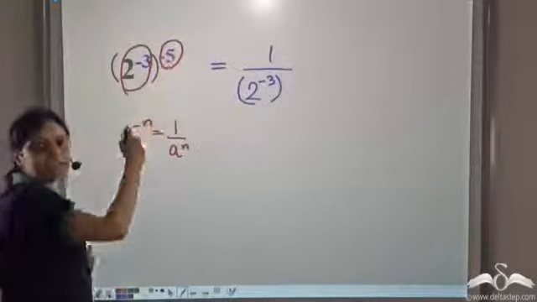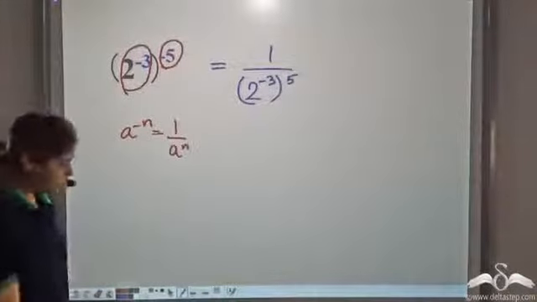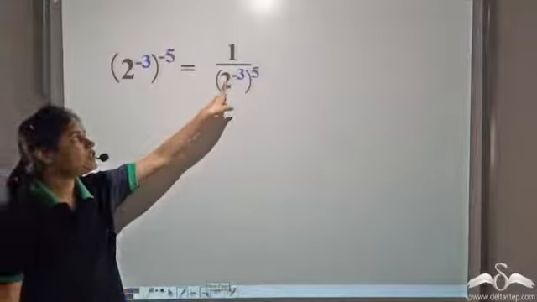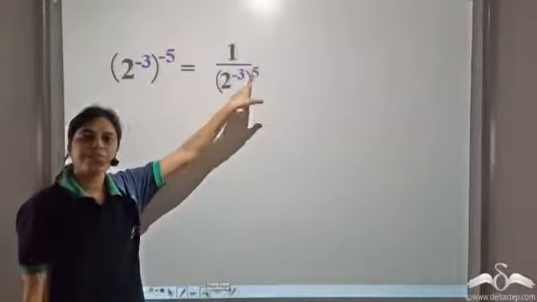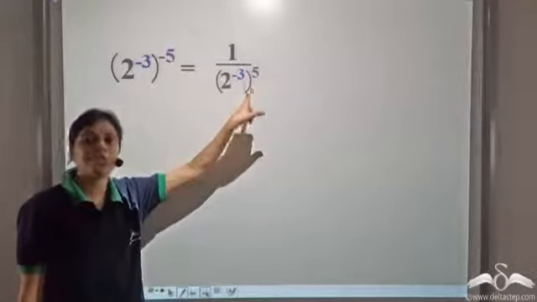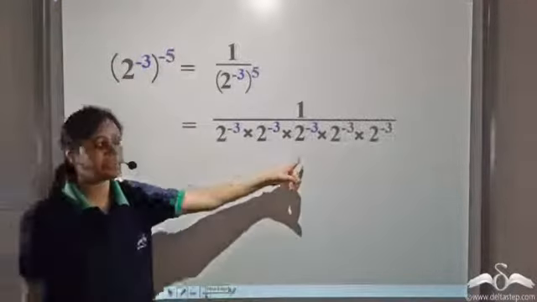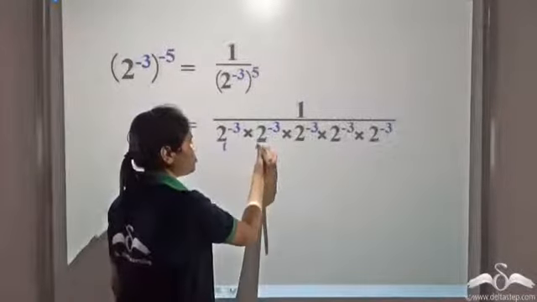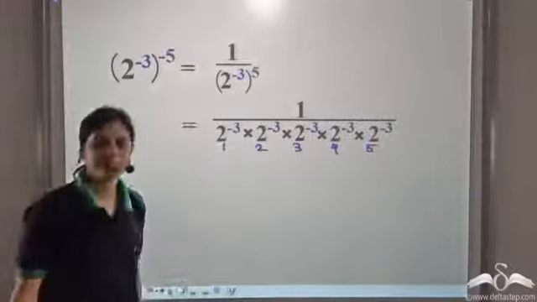If negative n is negative 5, n will be 5. So this is what we have here. Now this is 2 to the power negative 3 whole to the power 5. This means 2 to the power negative 3 is multiplied with itself 5 times. So we have 2 to the power negative 3 multiplied 5 times. 1, 2, 3, 4 and 5 times.